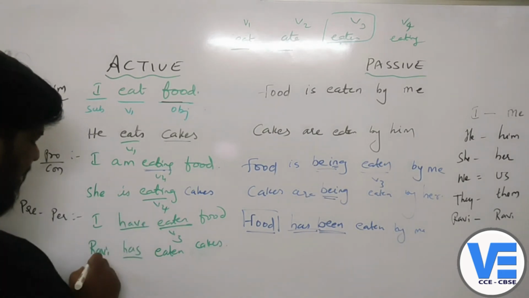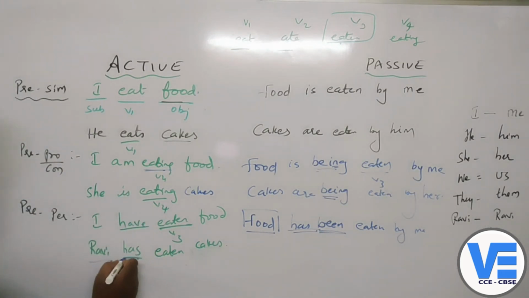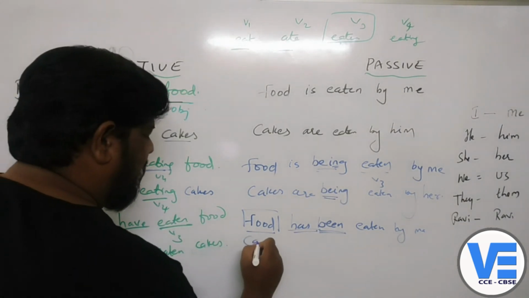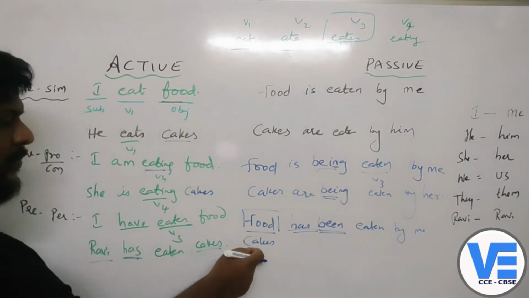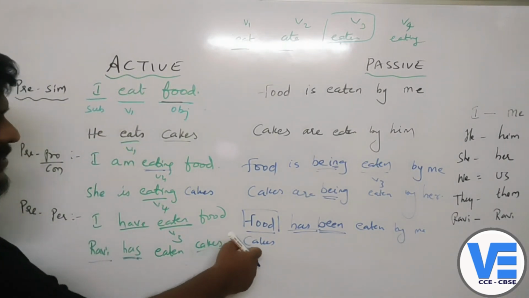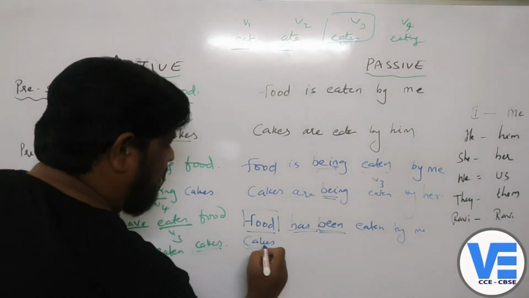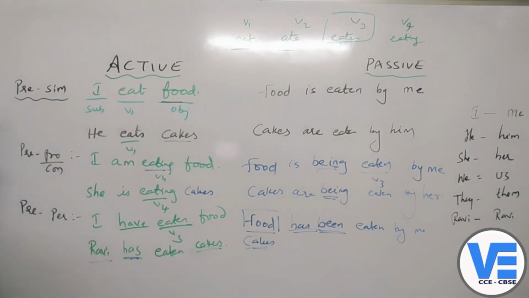So now coming to the Ravi has eaten cakes. Okay. Now here Ravi is a singular word and we have used the word has here. But when I am using the word cakes here, because I am using the object in the place of the subject here, can I write has here? No, I cannot write has over there.